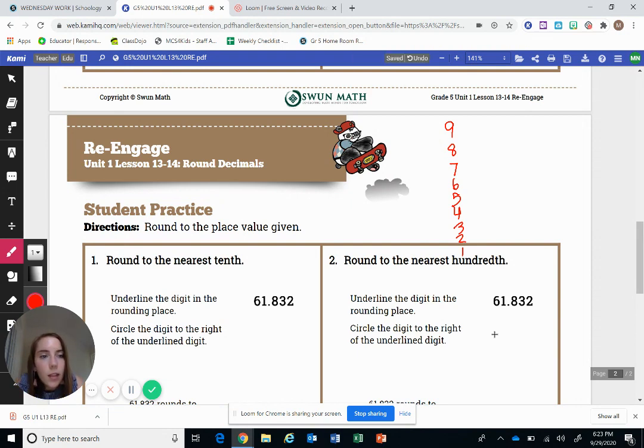Actually, we're kind of running out of space, so let's write it over here. 8, 7, 6, 5, 4, 3, 2, 1. There we go. That's better. Okay. Then I like to draw my line underneath the 5. We know if it's 5 or more, you add 1 more.